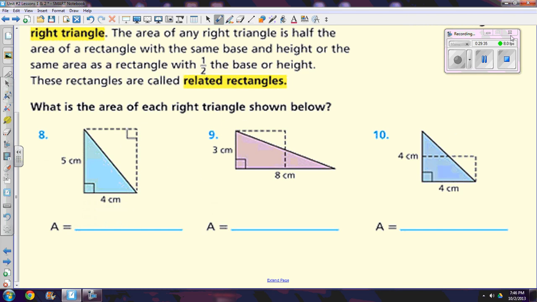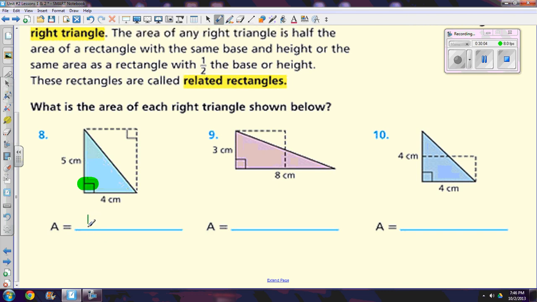Now here's another way of determining a right triangle. This symbol right here in the corner is telling you that it's a 90-degree angle. A 90-degree angle is a right angle, and a right triangle in this case. So if you were going to find the area of each right triangle shown below, the area would be 1/2 the base times the height of the full rectangle.